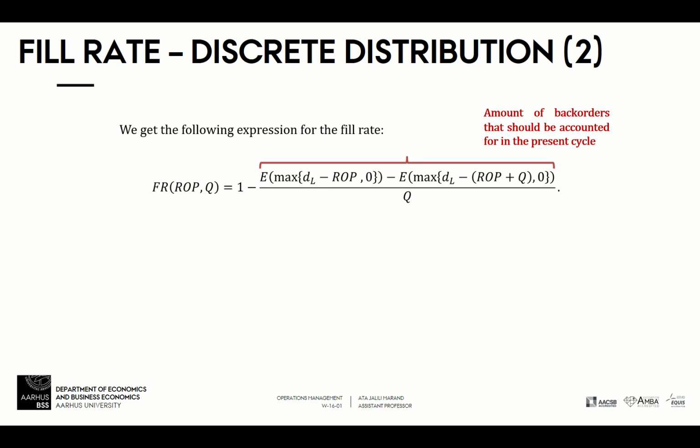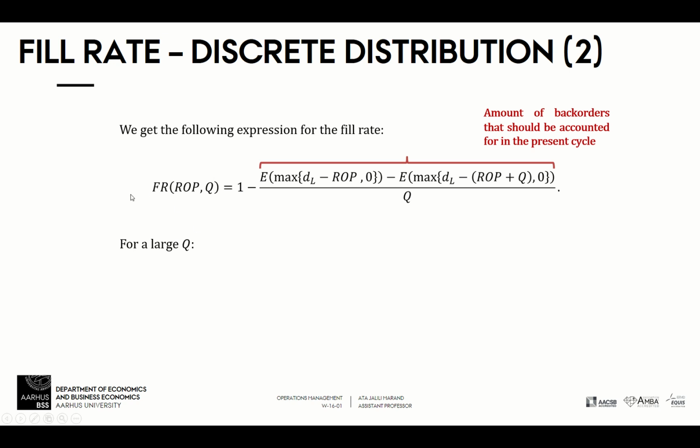So if we subtract this fraction from 1, we'll get the fill rate, which is the fraction of the customers who are immediately satisfied using the inventory on hand. And we can say that for a large Q, if the Q is large enough, then the second expression is not equal to 0, but it can be approximated by 0.